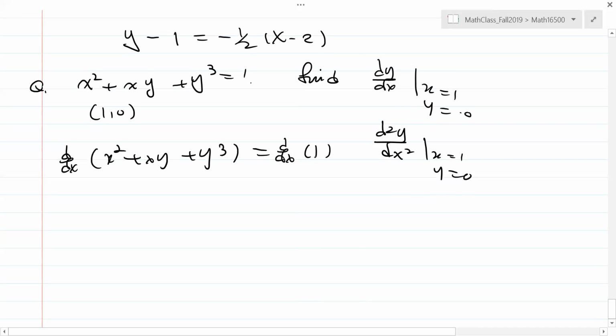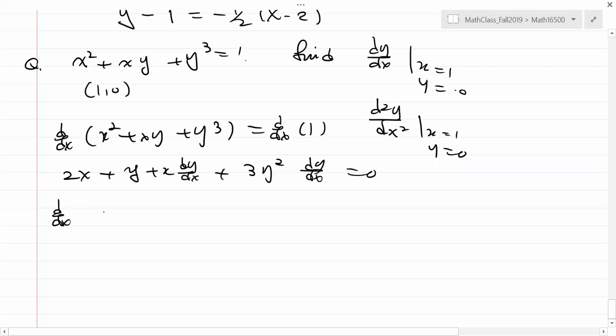First of all, you get 2x, plus the product rule gives you y plus x dy/dx, plus 3y squared dy/dx equals 0. So that gives you the relationship between the derivative, x, and y. You have three quantities right now: x, y, and the derivative of y with respect to x.